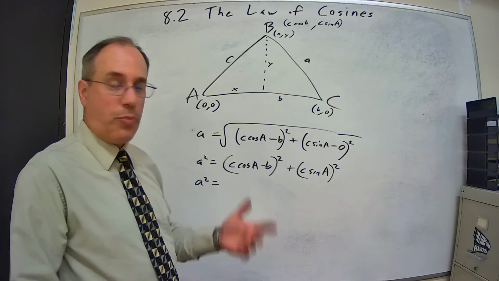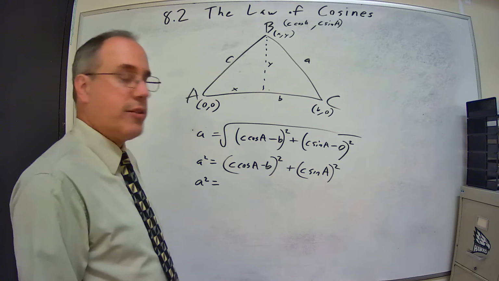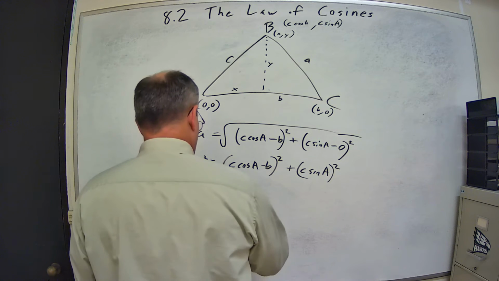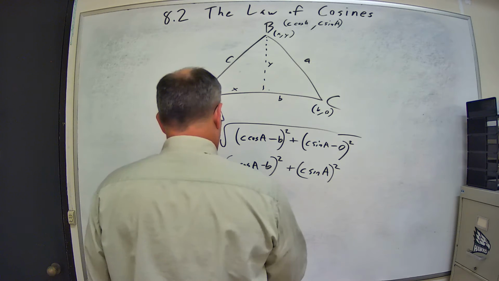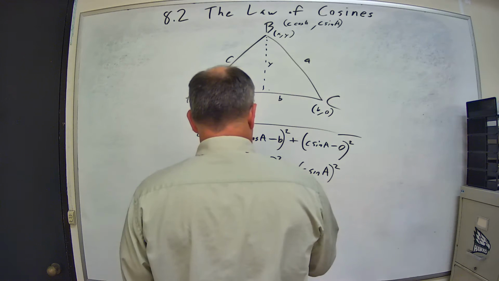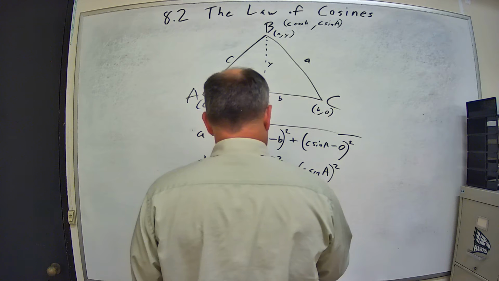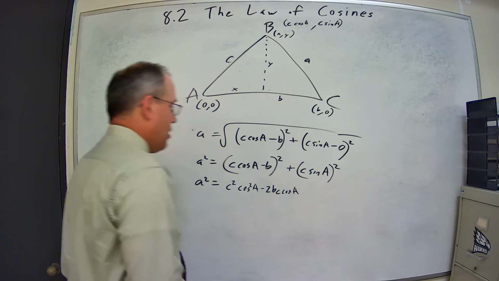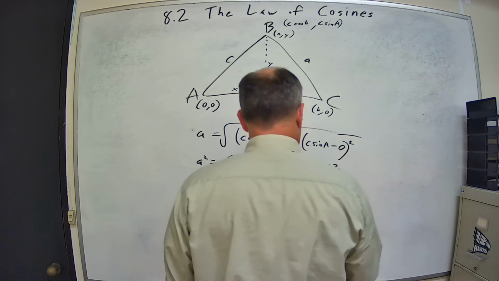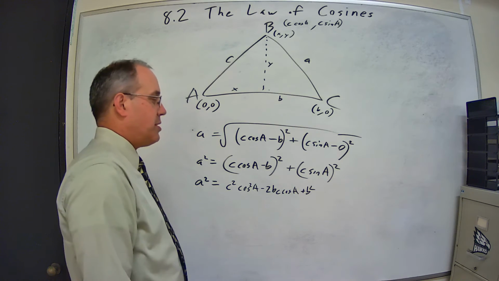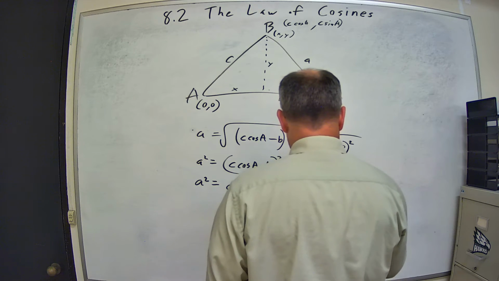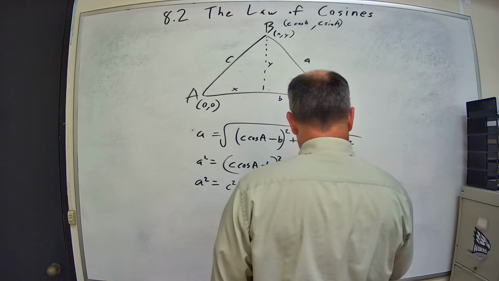So that's a special product. That's the square of a difference. So I square the first term, c cosine A squared is c squared cosine squared A, 2 times the product of these, minus 2bc cosine A, plus the square of the second term, plus b squared, and then I square c sine A, and that gives me c squared sine squared A.